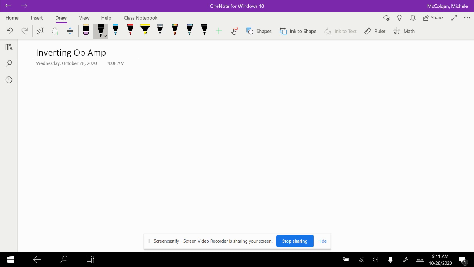This is an inverting op amp, and it's going to look like this. This is ground, and I think I'm going to move this over a little bit.